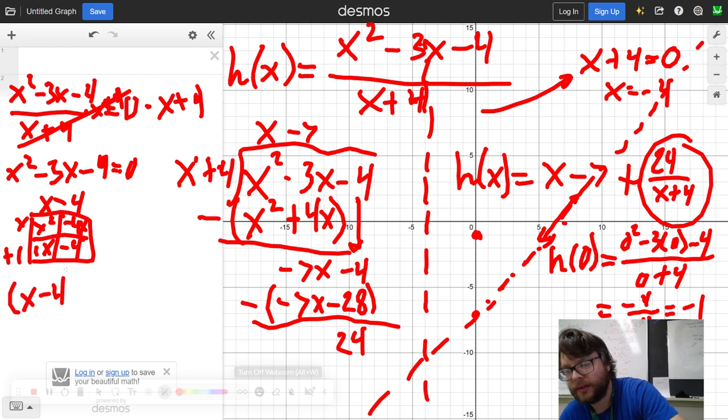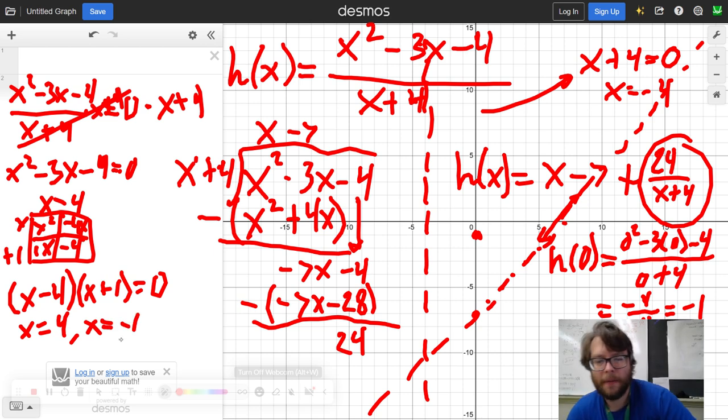So my factors: x minus 4, x plus 1. If my factors equal 0, then I just need to solve each factor: 4 minus 4, and negative 1 plus 1. So let's set that up. Here's negative 1. Here's positive 4.